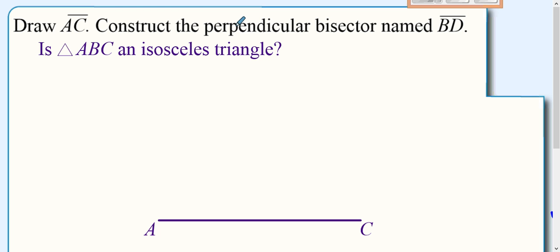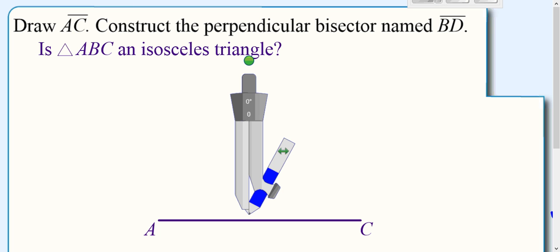We're going to construct the perpendicular bisector. The perpendicular bisector is the one that makes that football shape.